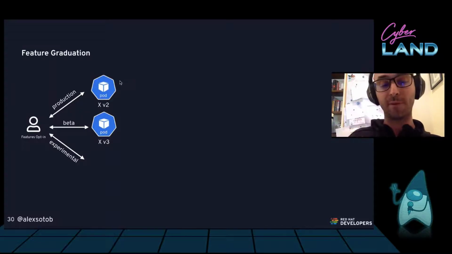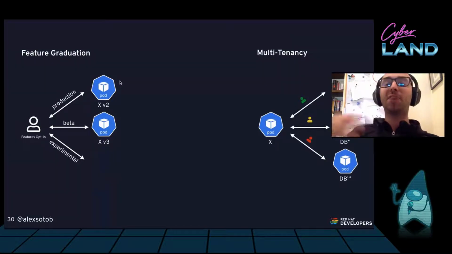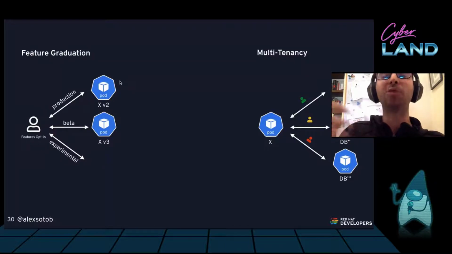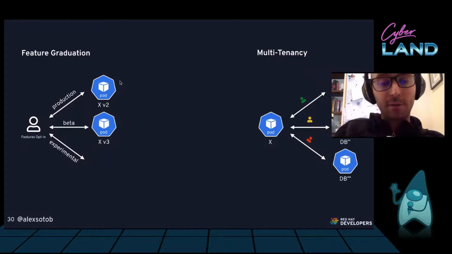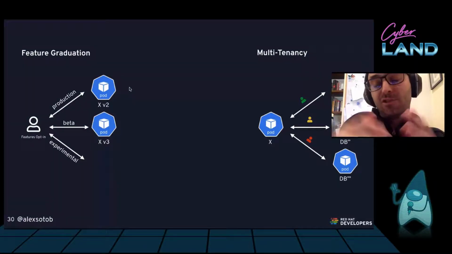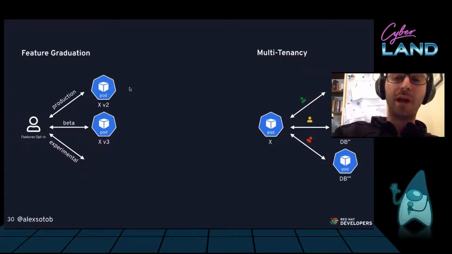Another thing that you can even do is use service meshes to implement a multi-tenancy approach. So you've got one pod with one version, which in this case there is no version, it's the service X. And then we've got the client green, which stores all his data to DB1, the yellow to DB2, and the red to DB3.